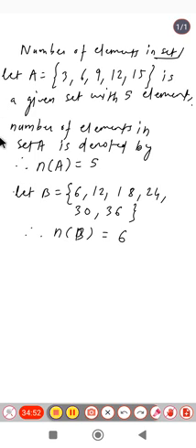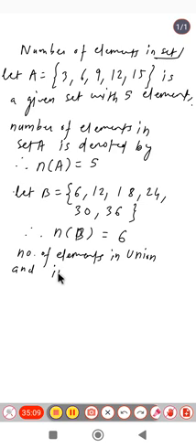So what we have to do is find the number of elements in the union and the intersection of sets. We have the union as we know, and the intersection as well.